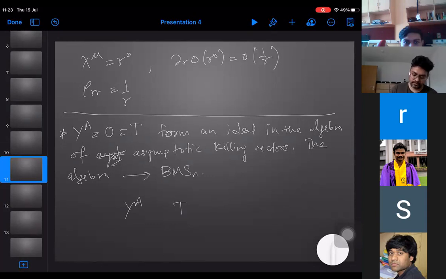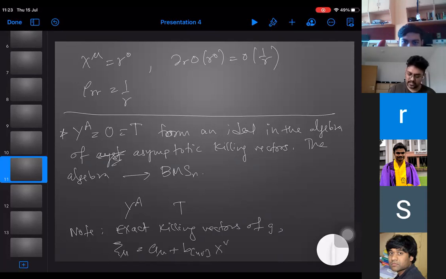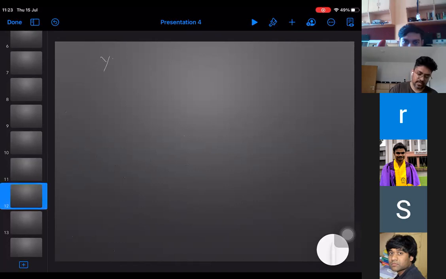So note here that the exact Killing vectors of G give rise to xi mu equal to A mu plus B of X mu, and that implies that your y^A is given by this.